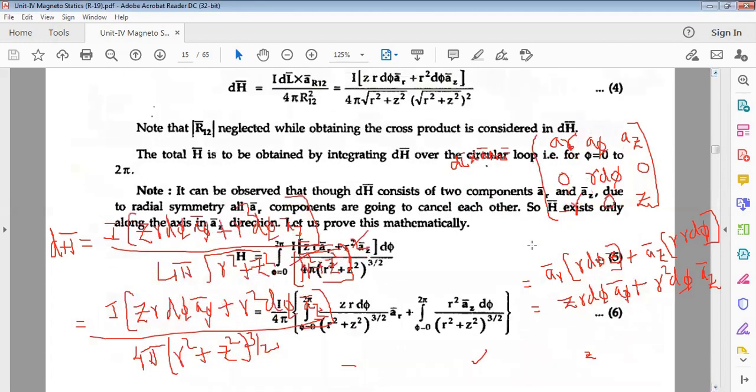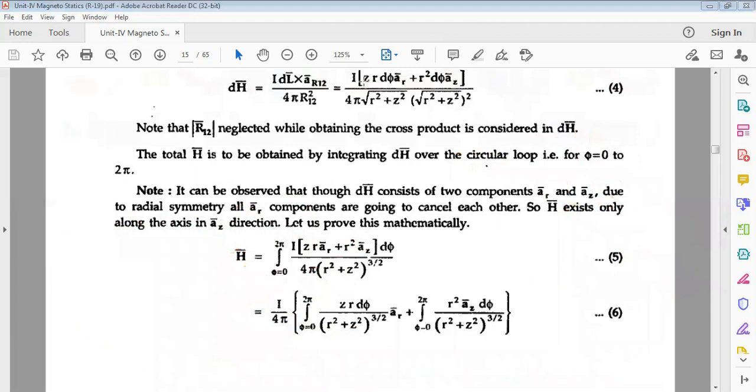Then see in this term, I into Z R dφ, and the dφ is a common term here. Then take the dφ integral with respect to phi, where phi varies from 0 to 2 pi, and theta varies from 0 to pi.